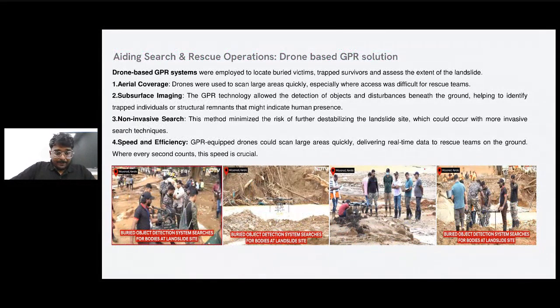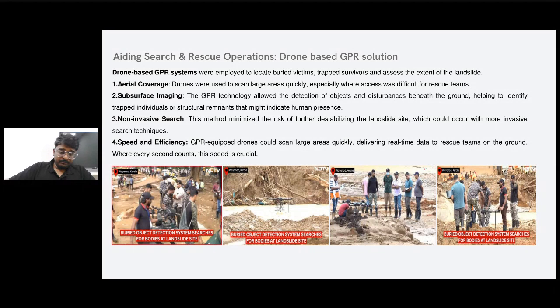By the way, these GPR solutions were constructed by Indian departments themselves, and were used in these places to identify people who were trapped under their houses or under the landslides and were still alive.